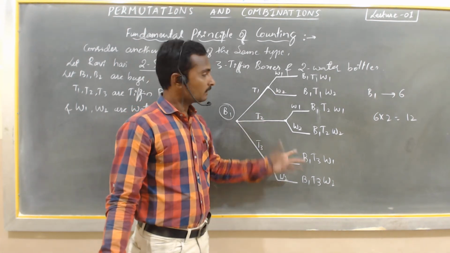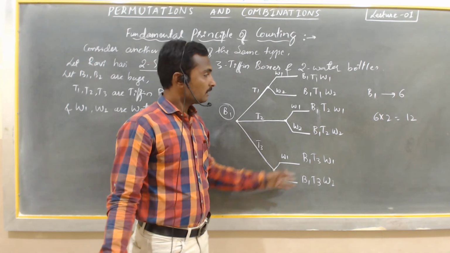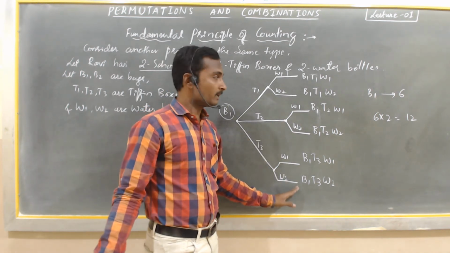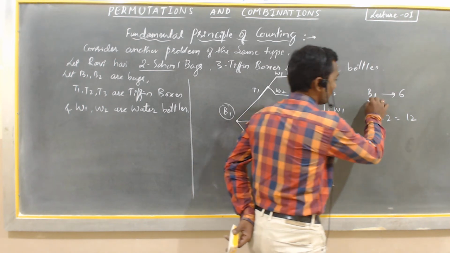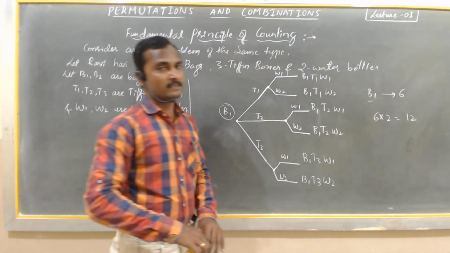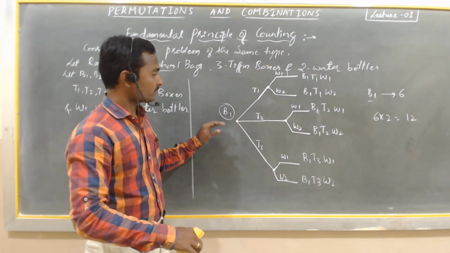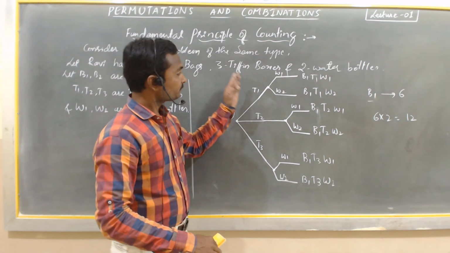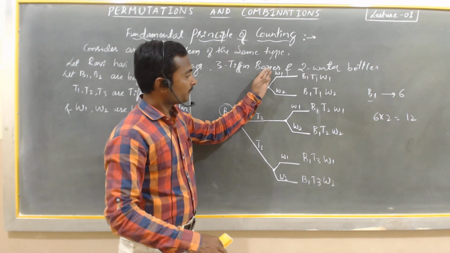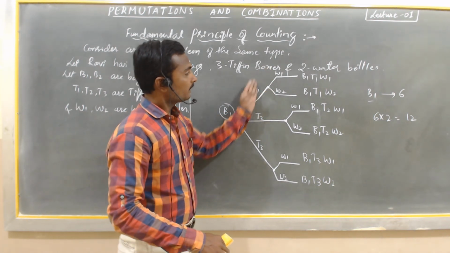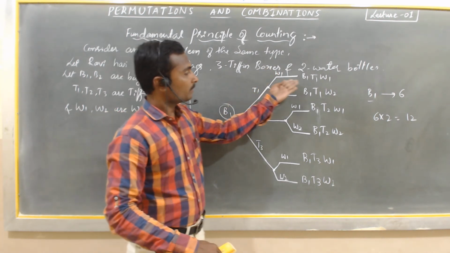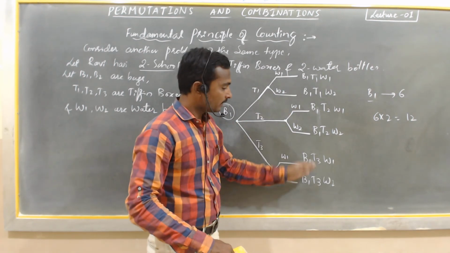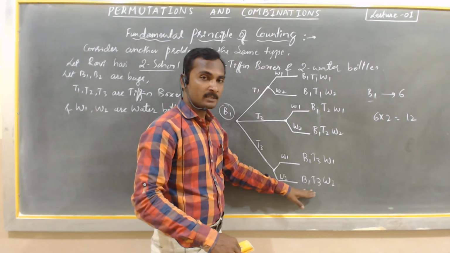Out of the 2 bags, we have picked the example of only 1 bag, bag 1, paired with the first tiffin box and with the 2 water bottles, B1, T1, W1, and till here a total of 6 arrangements can be done.